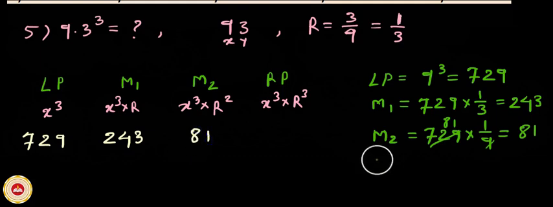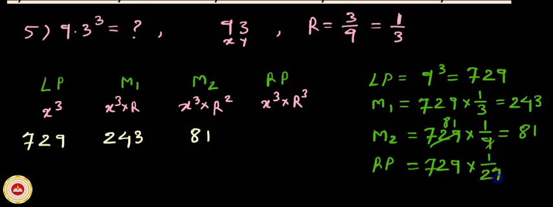What is the right part? Right part is x cubed, that means 729. X cubed means 9 cubed. 729 multiplied by 1 upon 3 cubed, r cubed. Okay, so 729 multiplied by 1 upon 3 cubed, that means 27.